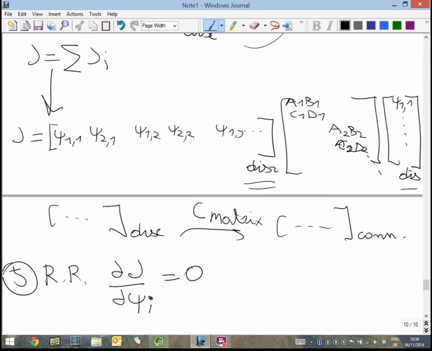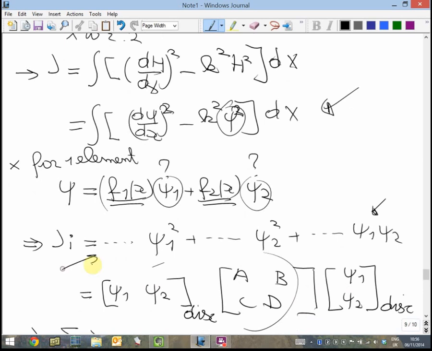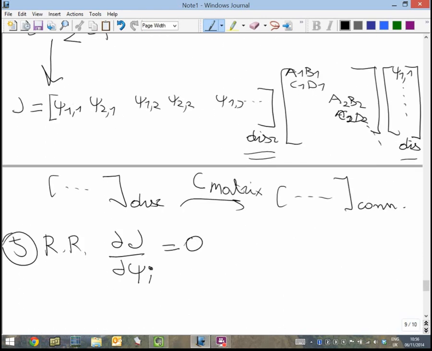Again, I'm not going to write it down. But if you just look at the general form of the energy here, you will see that if you take derivatives either with respect to psi1 or psi2, what you end up with is a linear equation. So that's good news, because this procedure will give you, for example, m linear equations with also m unknowns.